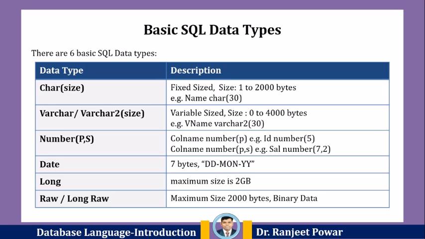Varchar data type supports a variable length character string. It also stores alphanumeric values. The size for this data type ranges from 1 to 4000 bytes. Using varchar saves disk space when compared to the char type. Consider an example.